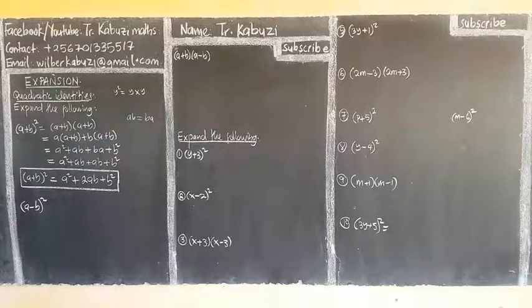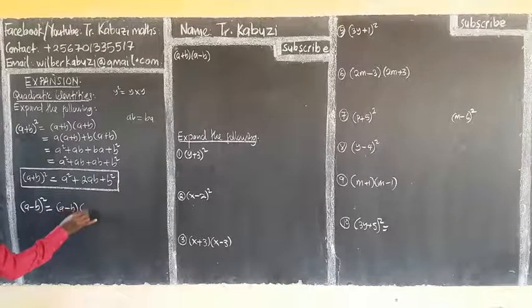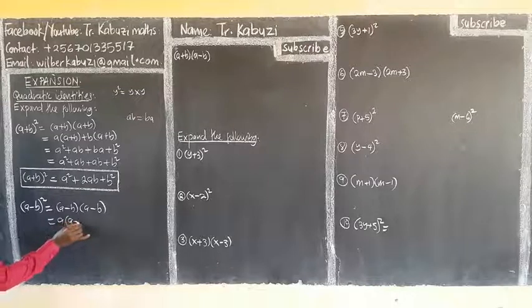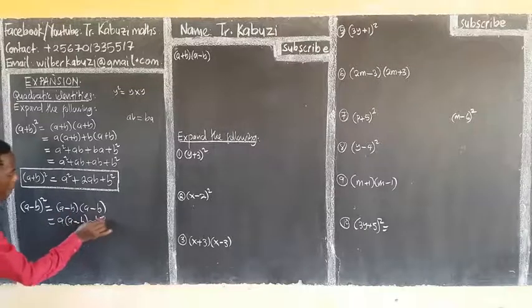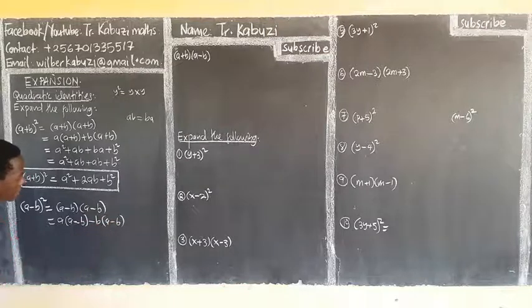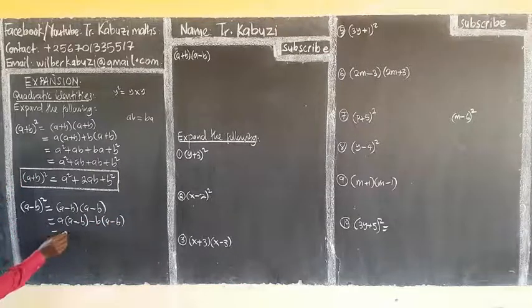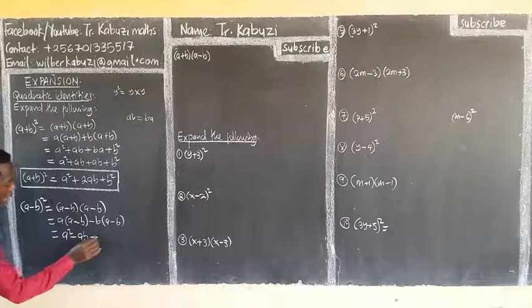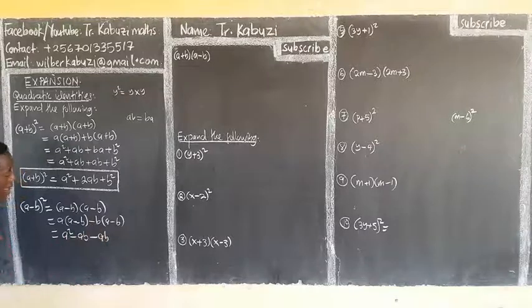Okay, when you come to this, the same idea. We said this will be the same as a minus b, then a minus b. This multiplies itself 2 times. You say the first multiplies the second. Then now this is minus b and minus b. We get a squared. This time this will get minus ab, and this time this will get minus ab, because ab is the same as ba.